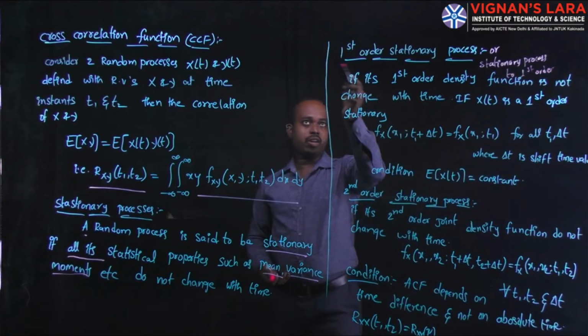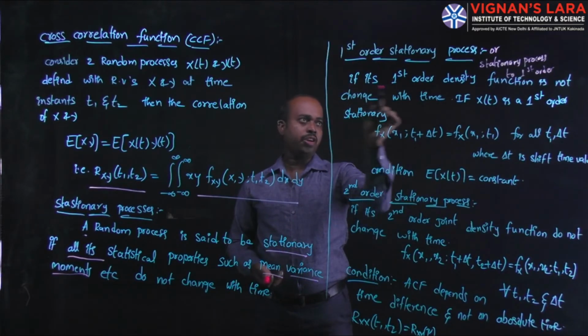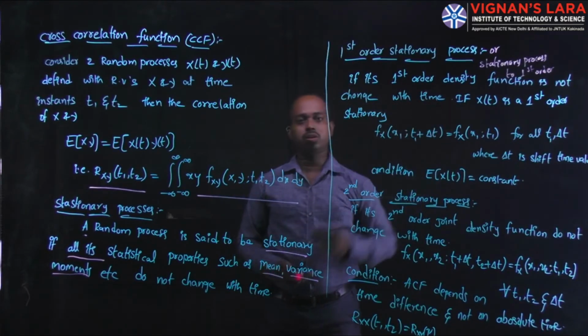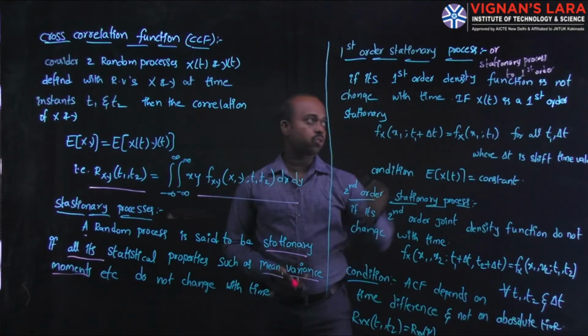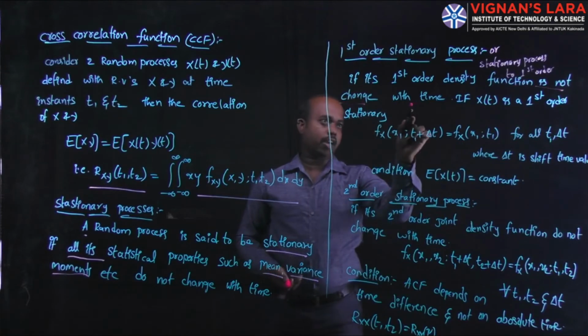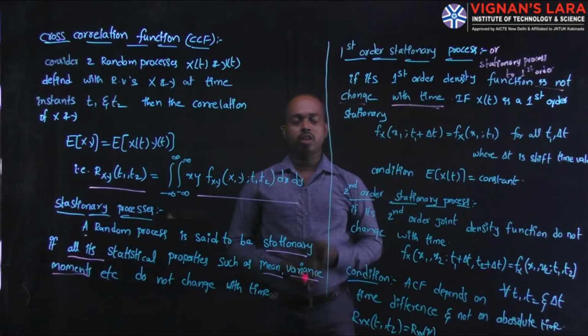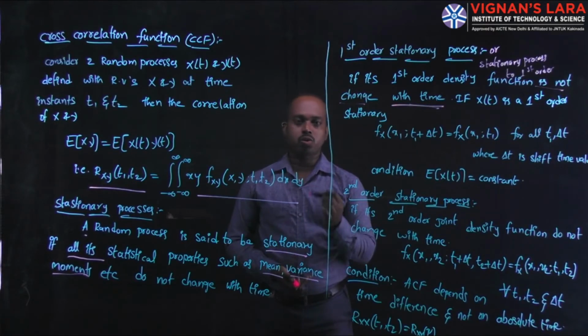A process is first order stationary if its first order density function does not change with time, then you can call it a first order stationary random process.